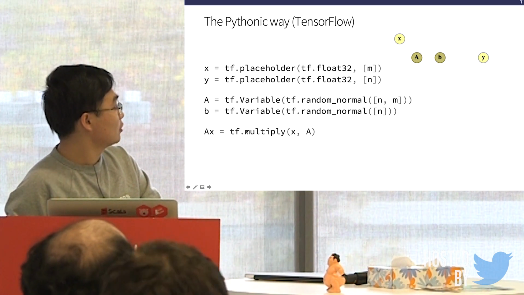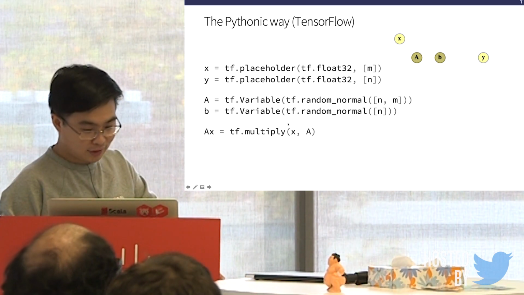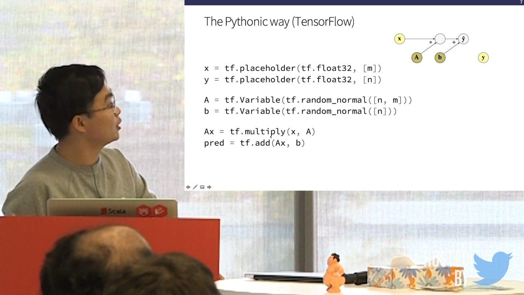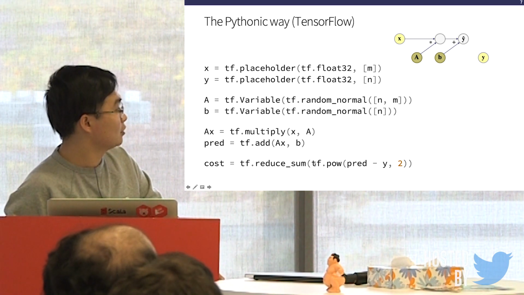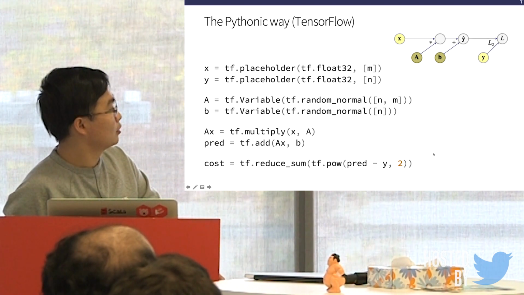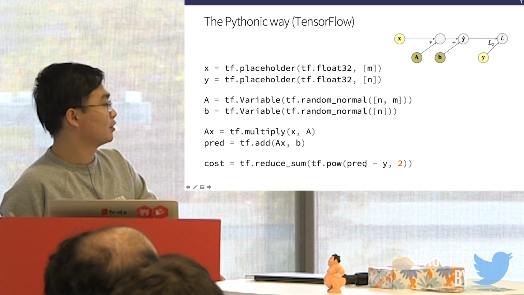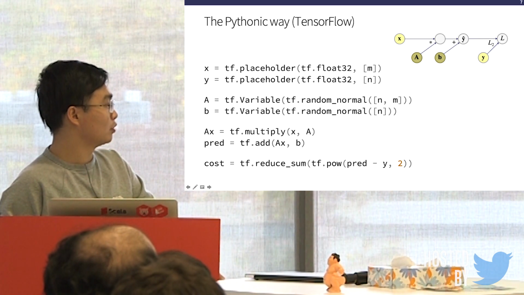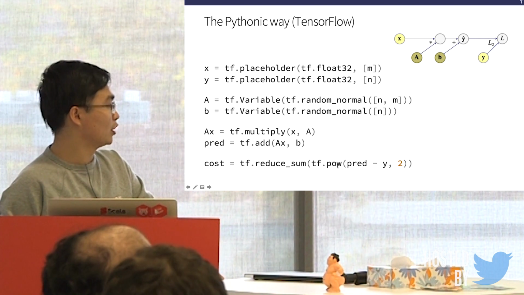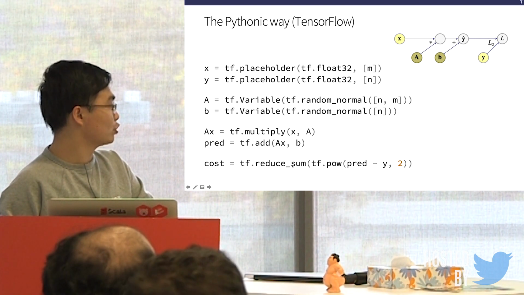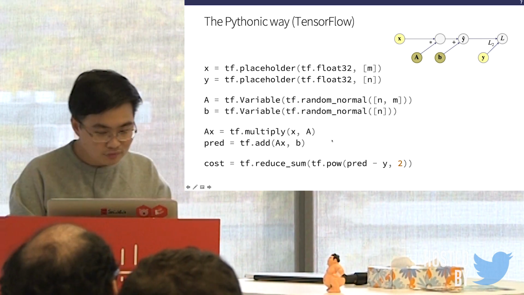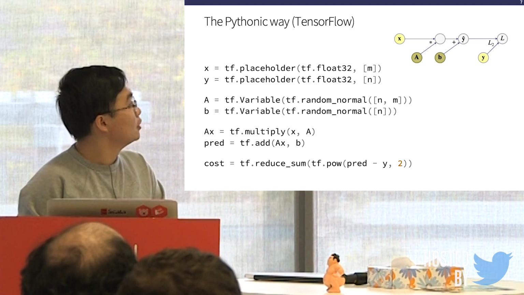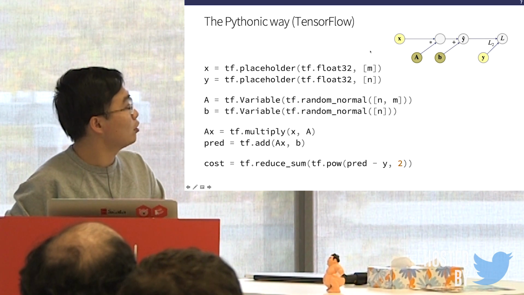And then we start applying our network, AX, just multiply them, and the predicted output is AX plus B, and our loss is: we subtract the predicted output from the real Y, and we do an element-wise square, and then reduce sum. That's the L2 loss.